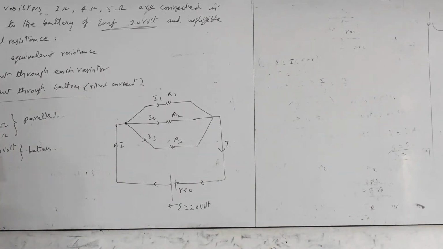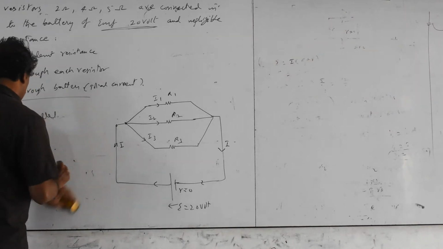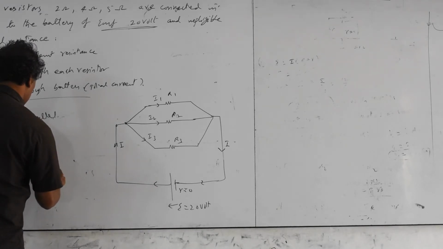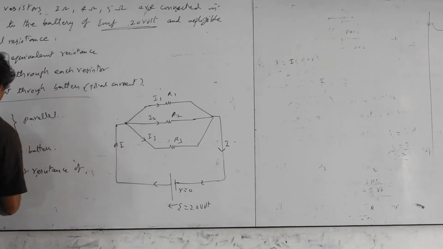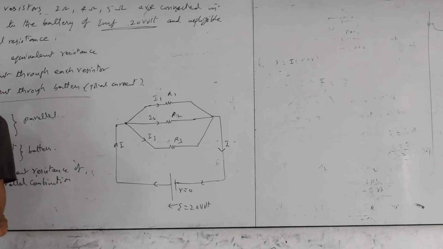RP is the resultant resistance of the parallel combination.